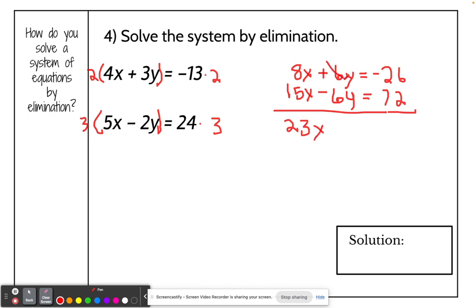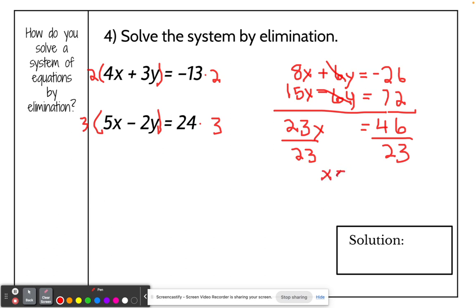My y's cancel out, 6y and negative 6y. 72 and negative 26 is 46. Last step, I'm going to divide both sides by 23. I'll find that x equals 2.